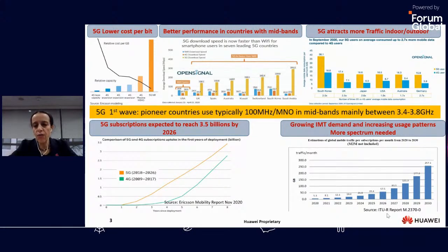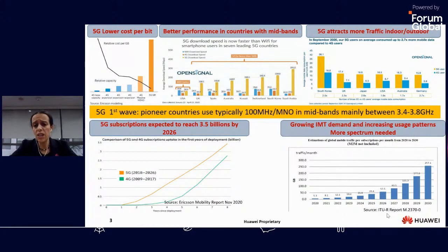We see from that figure that 5G users on average are consuming up to 2.7 times more mobile data than 4G users. And we see that in the different markets, starting from 15 gigabytes per month up to 36 or more gigabytes per month.